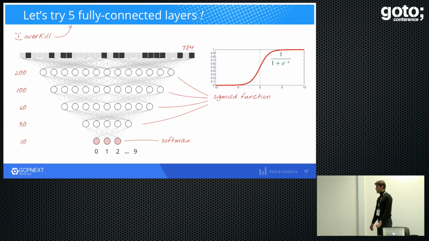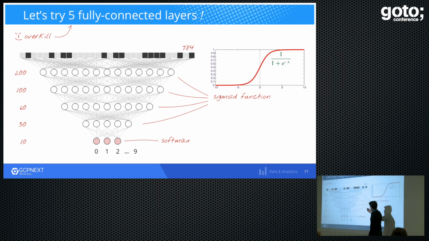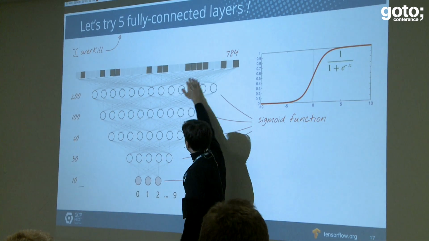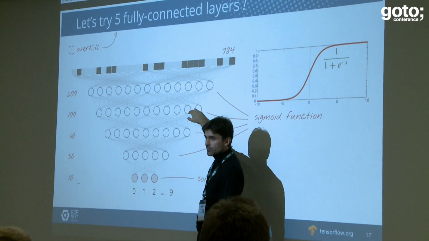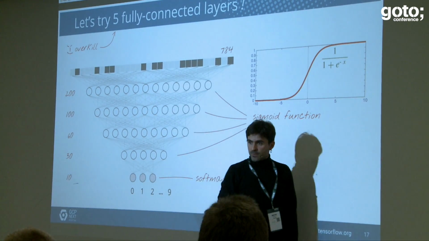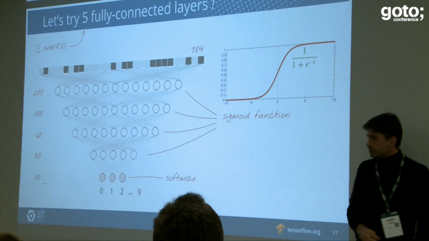We simply add layers. So the way to add layers into a neural network is to stack them. And here you have seen these neurons do a weighted sum of all the pixels. Well, it's equally simple for a second layer of neurons to do a weighted sum of the outputs of the previous layer. So that's how you will stack layers in a neural network.